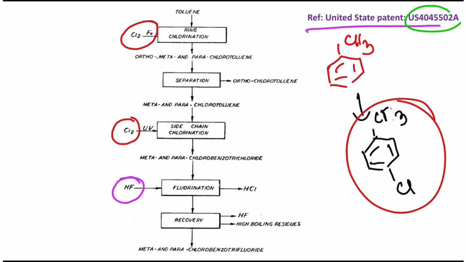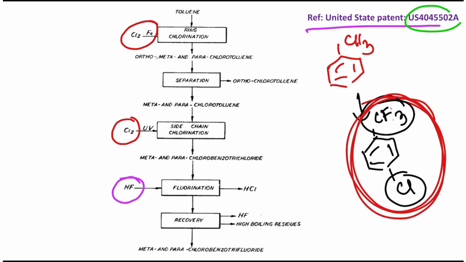So you can see it's very interesting. This part we understand, and in this way this trifluoro compound is finally produced. This is the patent, and at a later stage, as I told, comes nitration followed by nucleophilic attack. So this is the reference for the preparation of the starting material of today's discussion.